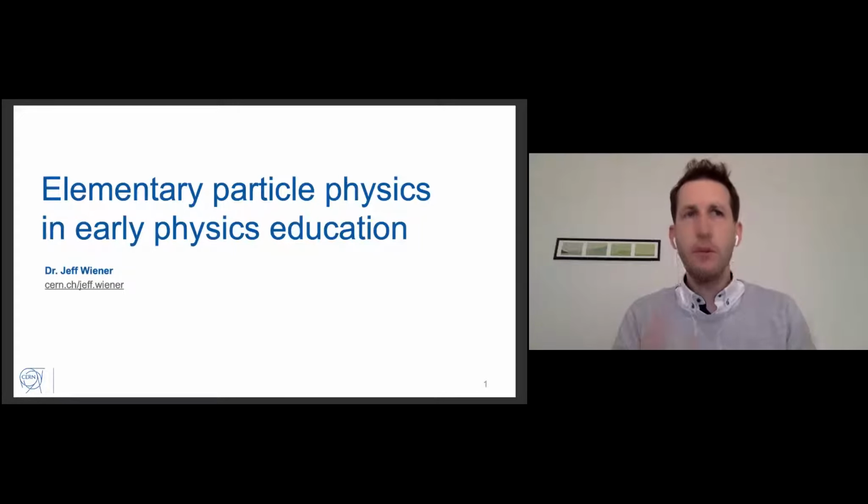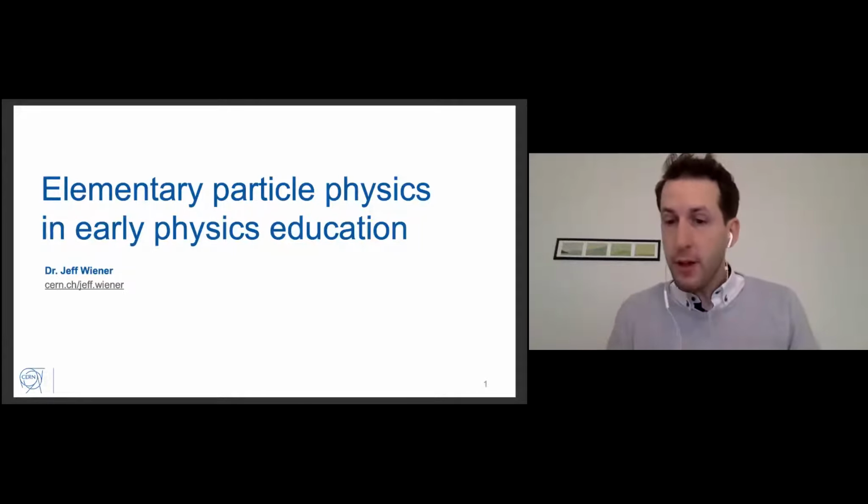Maybe before we really dive in, I want to introduce myself. With my slides, I want to show that before I worked at CERN, I was a teacher myself. I started as a physics teacher. On my slides, you can see, well, it doesn't look like a school, but that was the school that I was a teacher at. It's in Vienna, in Austria, where I'm from.